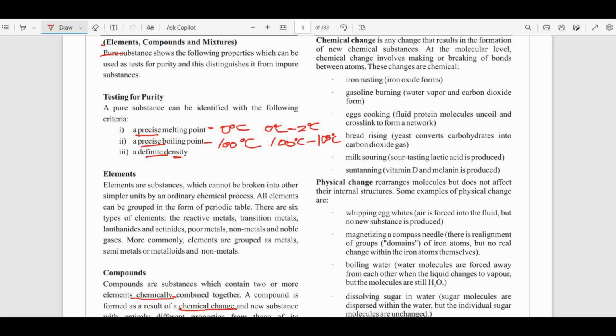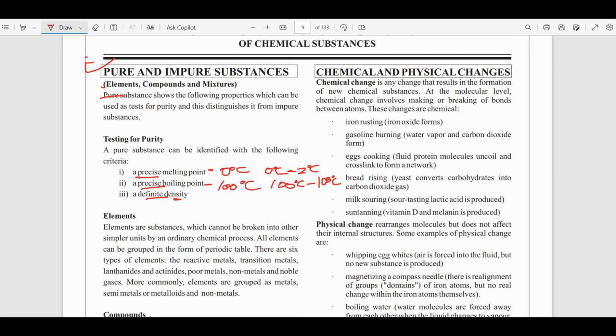Now, let's talk about chemical and physical changes. A chemical change is any change that results in the formation of a new chemical substance. At the molecular level, chemical change involves making or breaking of bonds between atoms.